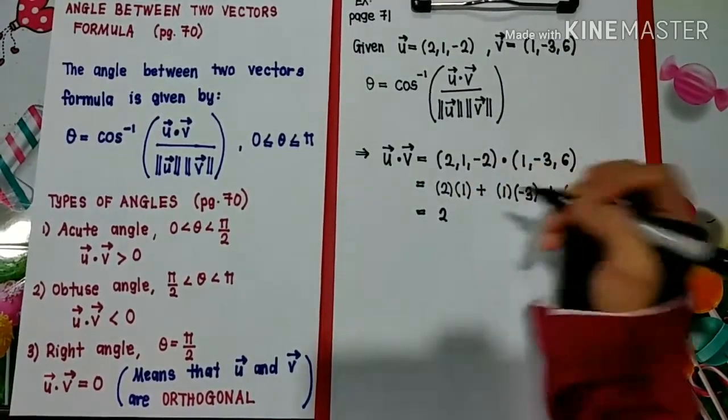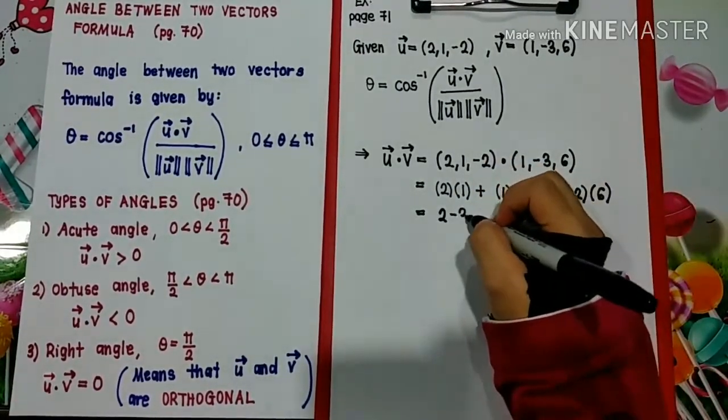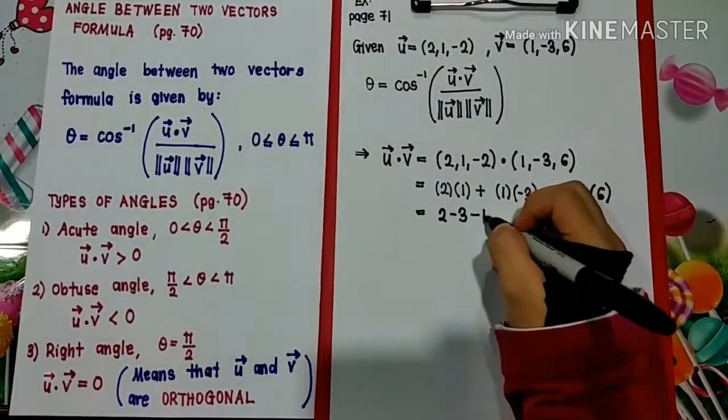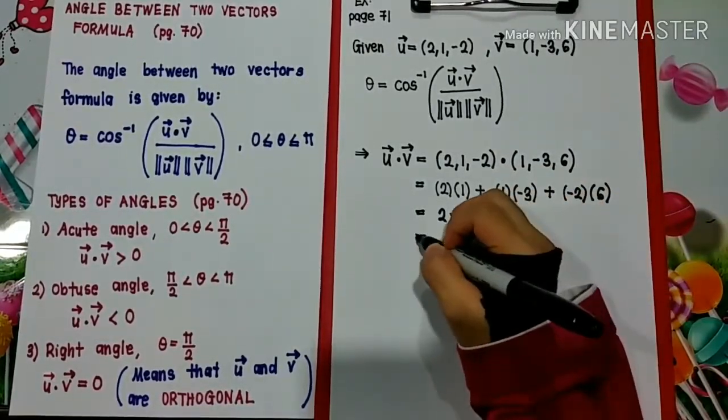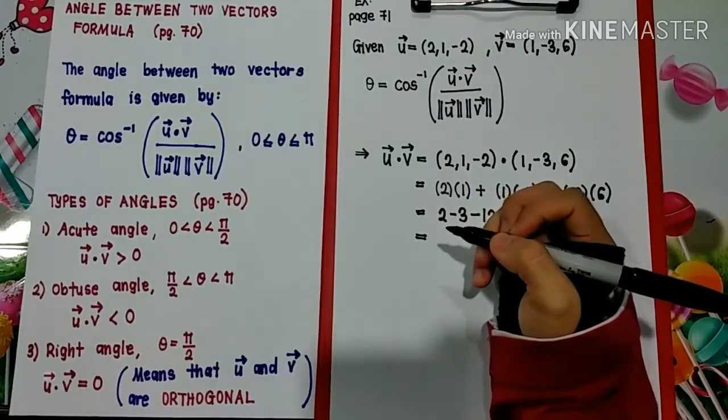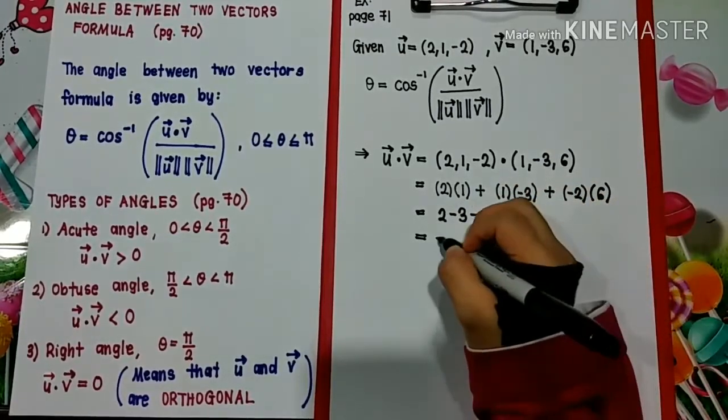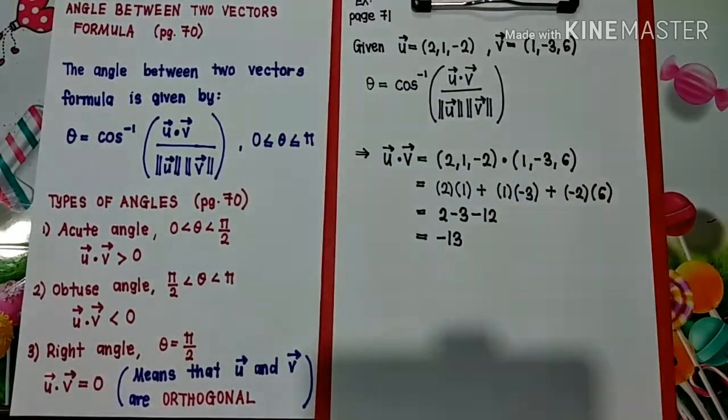So 2 minus 3 minus 12. The dot product between u and v equals negative 13.